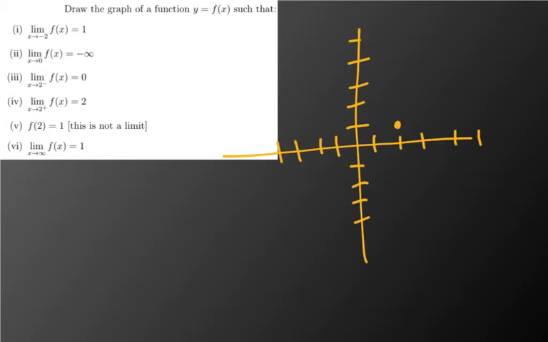It doesn't necessarily need to be 1. It just means that as you come in, it might do something like that picture on the last slide. You're just getting really, really close to an output of 1 as you come into that point negative 2.